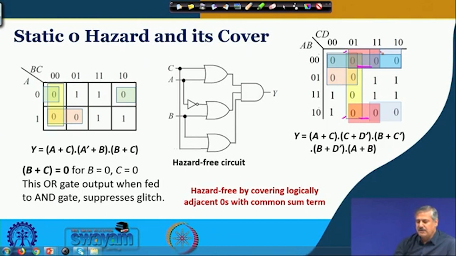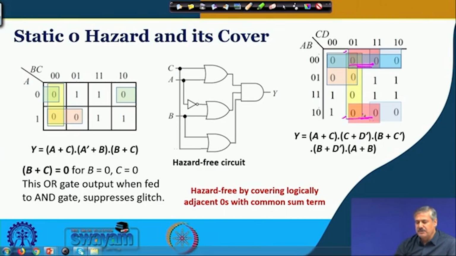Otherwise you could have one term over here, another term, one common sum term, right. Then we would have required 2 such terms with 3 literals. But we know that we can have a larger group of 4, which will make sure that all adjacent zeros like these 2 and these 2 are under one common sum term.